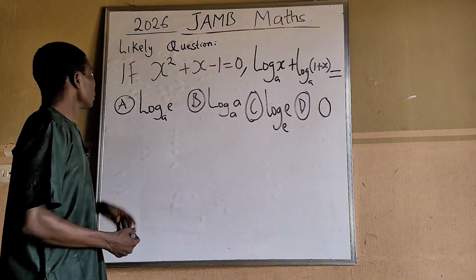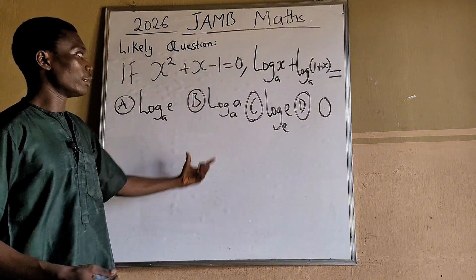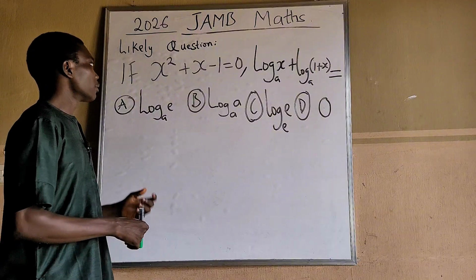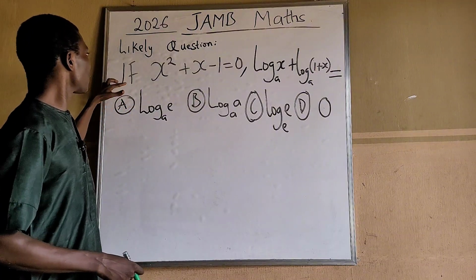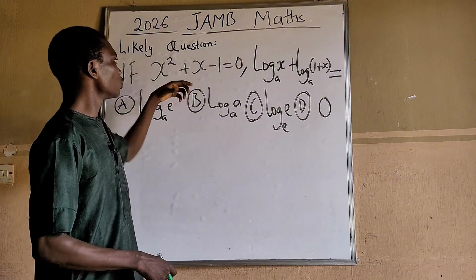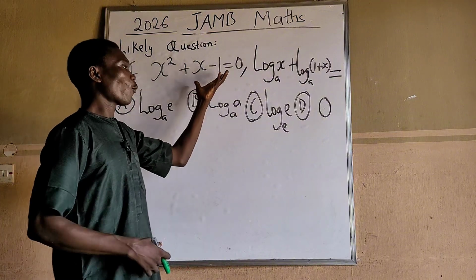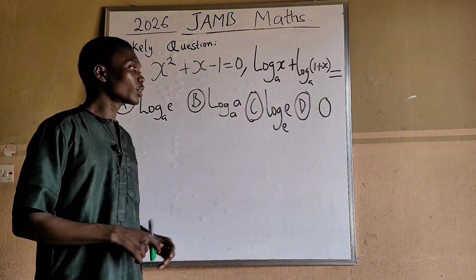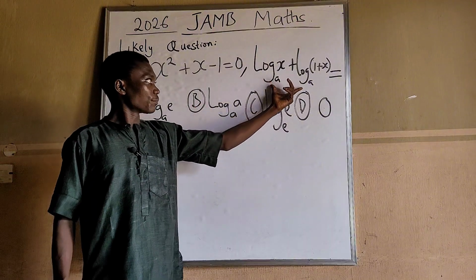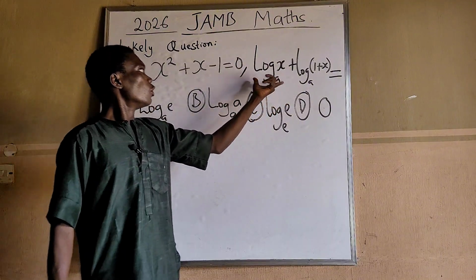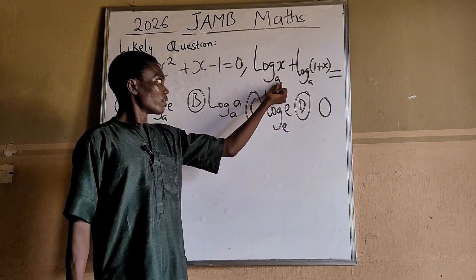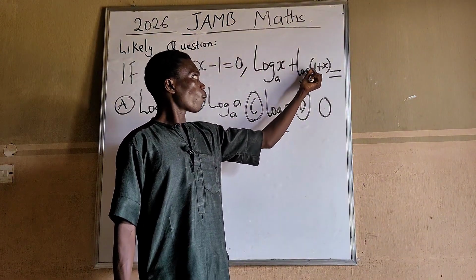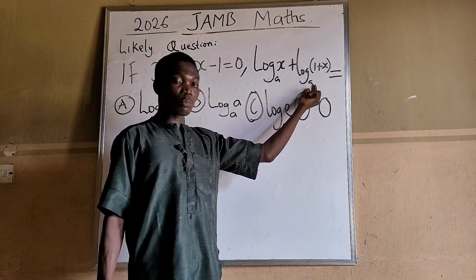Let's solve. This is under logarithm or algebraic mathematics. So the problem says if x raised to the power of 2, you can see that it combines quadratic and logarithm together. Now, this is what we are asked to find: log x to base a plus log (1 plus x) to base a.